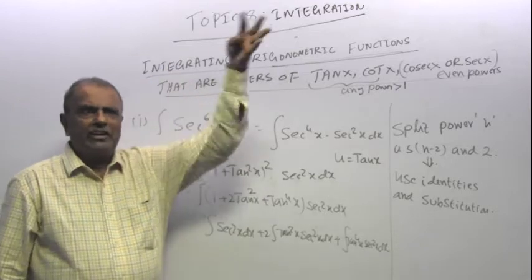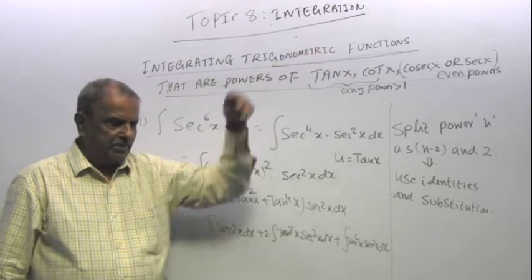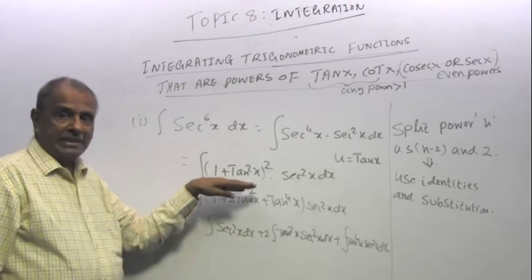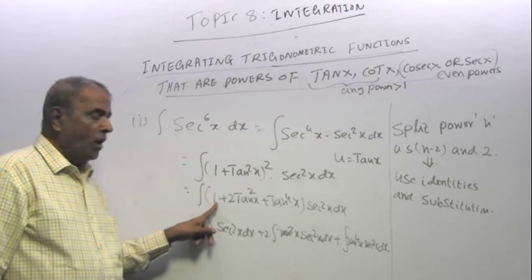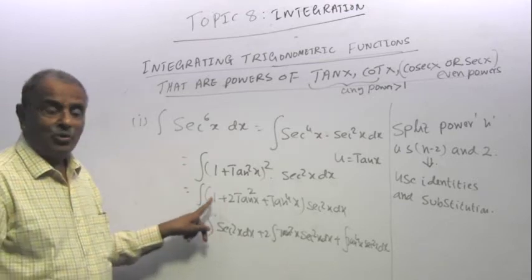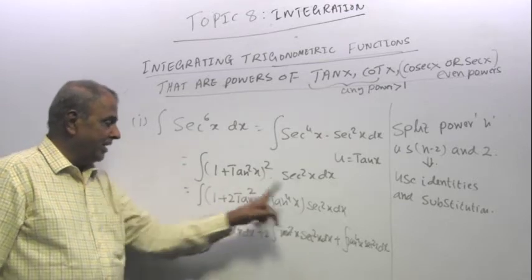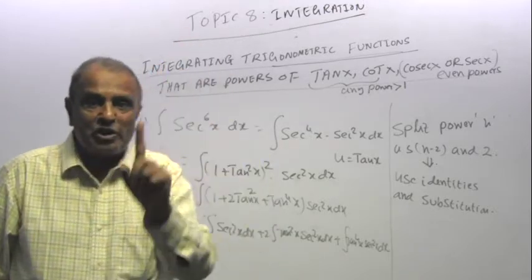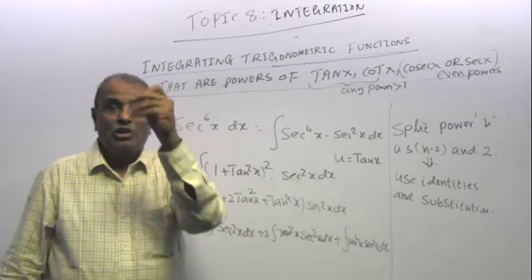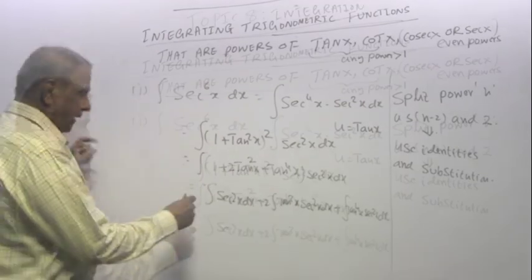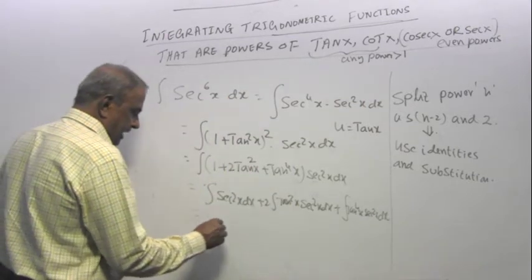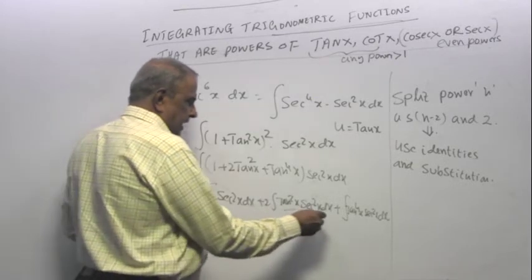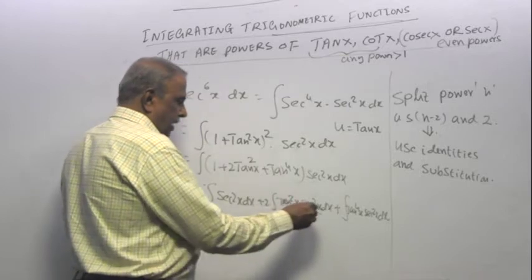Some of my clever students, even way back when I was teaching in schools, applied this method, but somehow this one they wrote as x, whereas it's sec squared. When you integrate sec squared, you get tan, you don't get x. And the majority of my students, even the bright ones, wrote an x. That's why I had to split it. So this is tan x, plus, when I differentiate a tan, I get a sec squared, so it's u squared du.